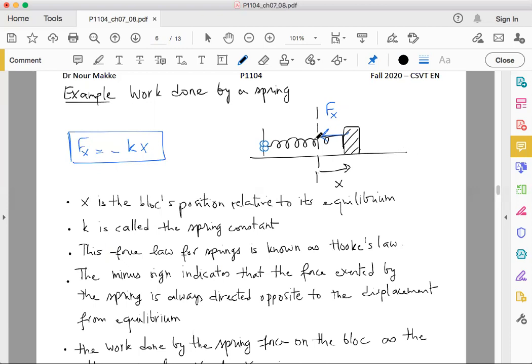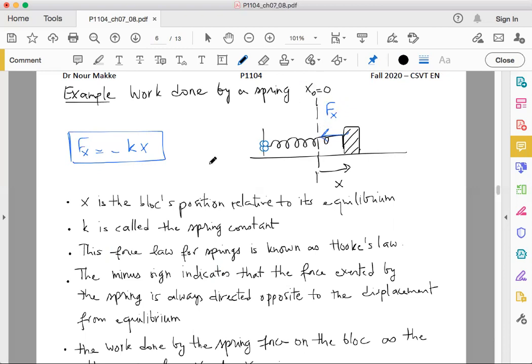Now the spring exerts a force on the block, and this force always tries to bring the spring back to its original position. So if this was the equilibrium position x0 equal to 0, and then we push the block to the right by x, then the force exerted by the spring on the block will push the block back to its original position, which corresponds to the equilibrium position of the spring.